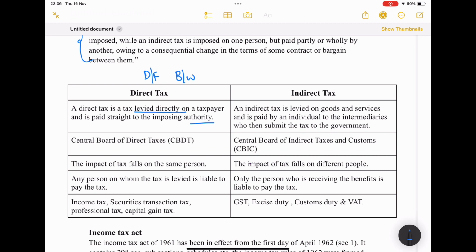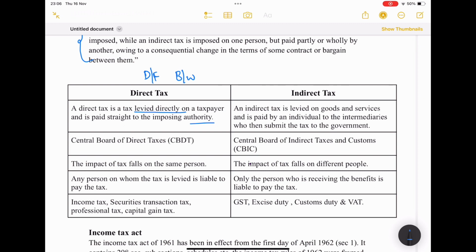So here the person who is earning an income is going to pay the taxes to the government. For that we have certain limits. For example, if you are earning a very low income, you don't need to pay the taxes.